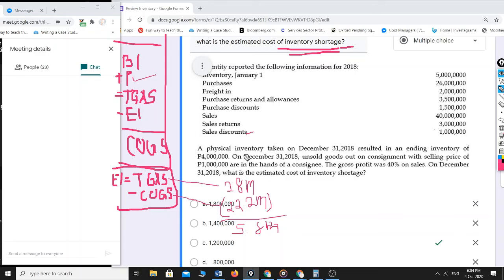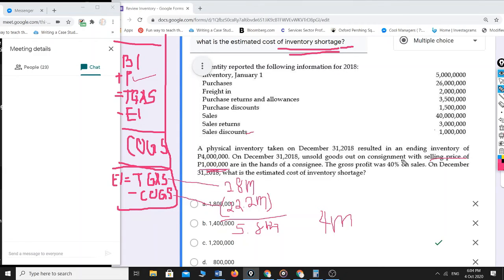First, 4 million. Right? Next is the consigned goods at a selling price of 1 million. So, take note, we're not concerned with the selling price, but instead, the cost. So, what is the cost of this 1 million selling price?